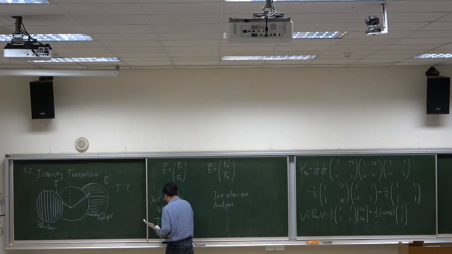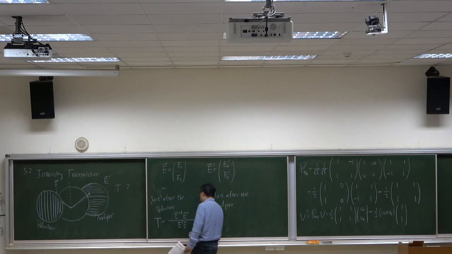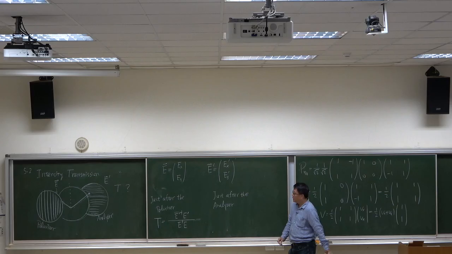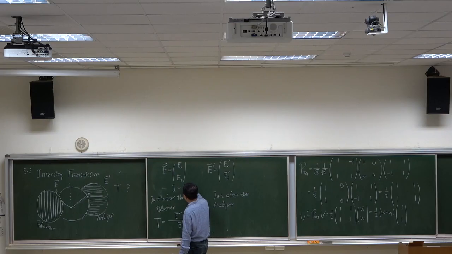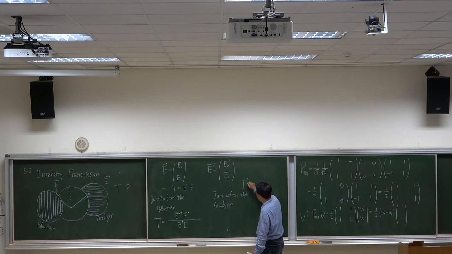Transmission. Transmission is defined as E prime dagger E prime over E dagger E. That's because the intensity is defined as E dagger E. And the final intensity is defined as E prime dagger E prime.